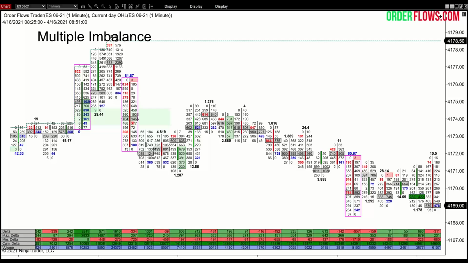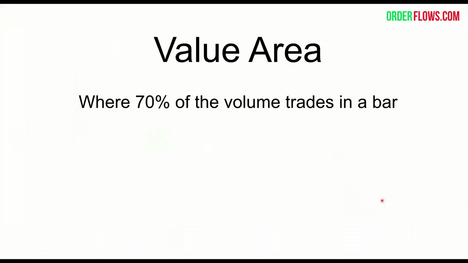They're not stacked. So if you're looking for stacked imbalances, you're not even noticing what's happening in this bar. You have 4 imbalances, and the market put in a nice little drop. Okay, so that's sort of the power of looking at multiple imbalances and having software that's going to highlight to you where multiple imbalances are.